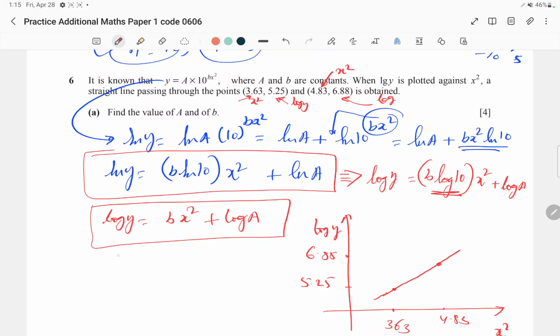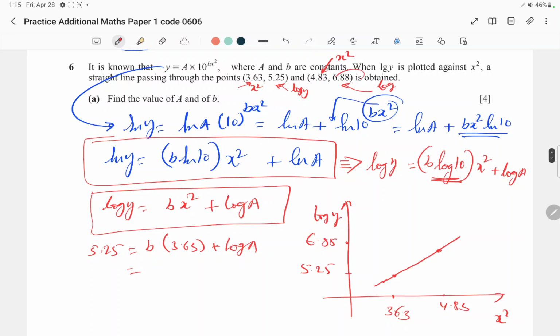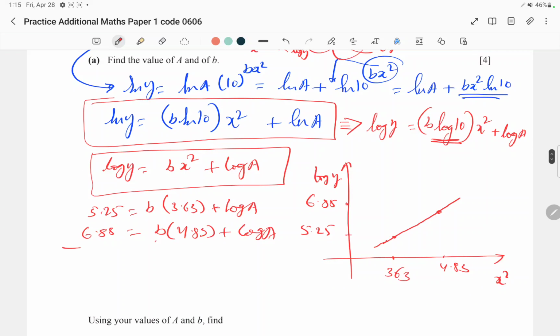So my log y is 5.25, and this is b times x square, since x square is already given, plus b and 3.63 plus log a. Next, log y is 6.88, b times x square 4.83 plus log a. Now you can subtract.